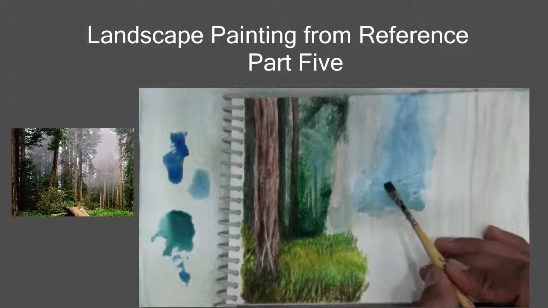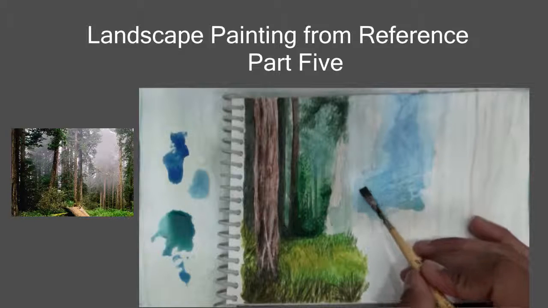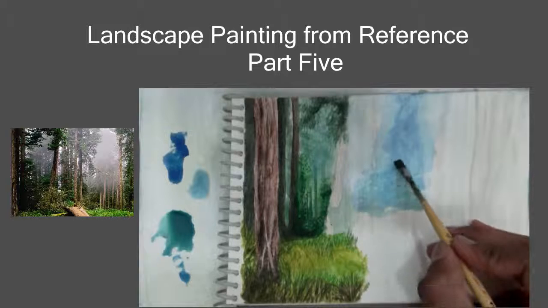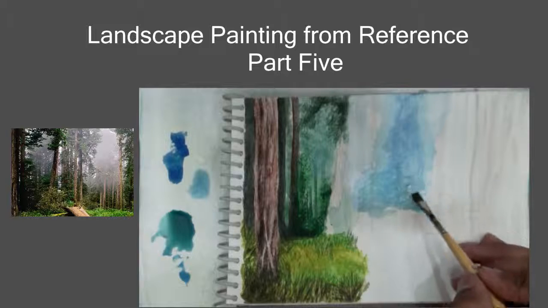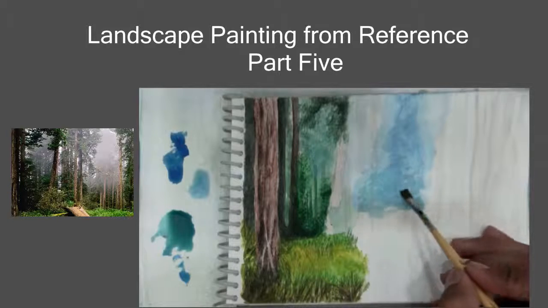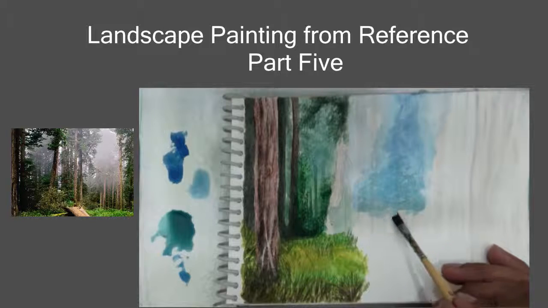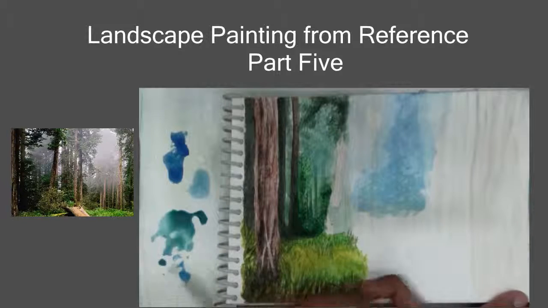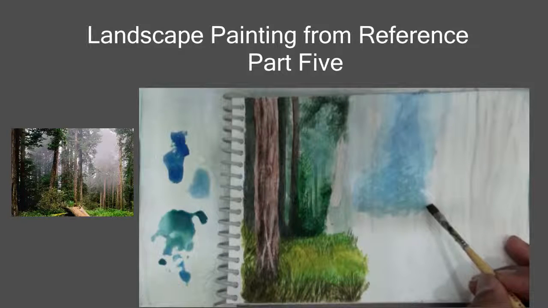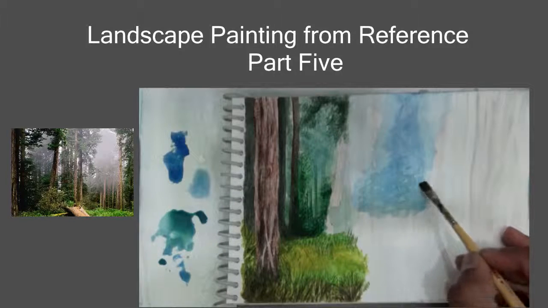This is the light which is far away from the subject. As the objects get farther away, we have to reduce the detailing, so I am not going to do too much detail on this part as the objects are far away.